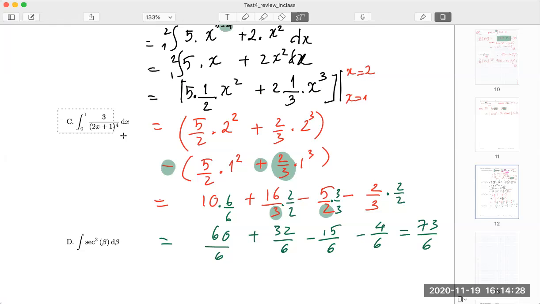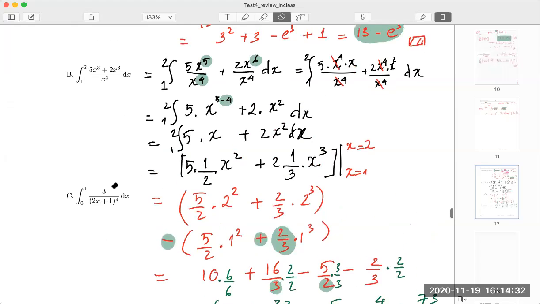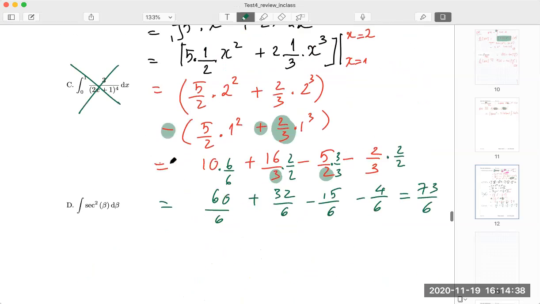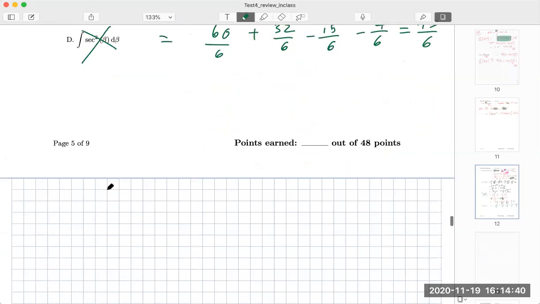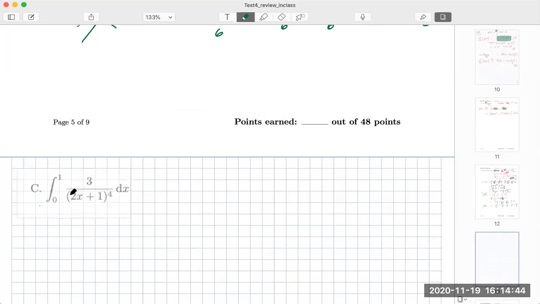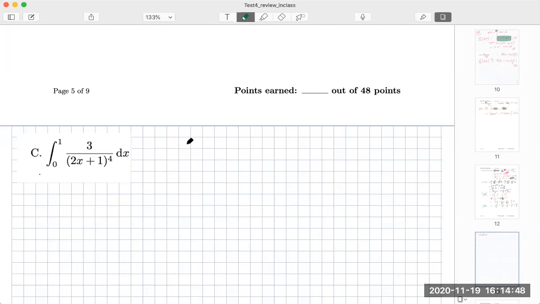It looks complicated. To avoid confusion, let me cross this out here. Now we do this one. It looks complicated. What should we do now?